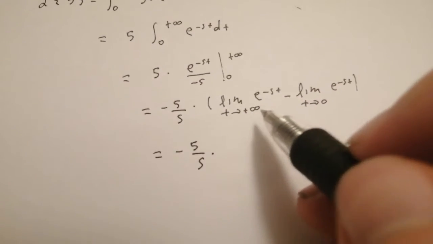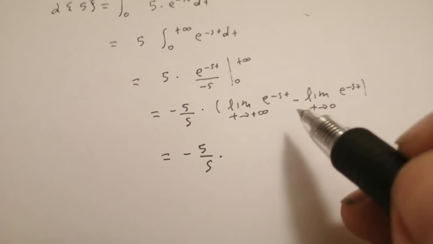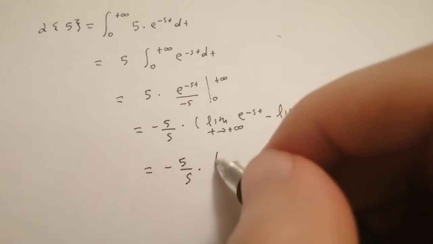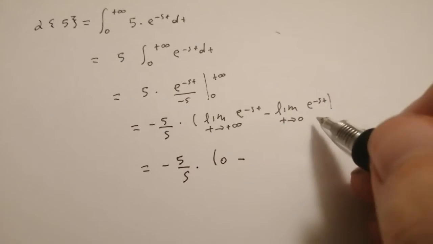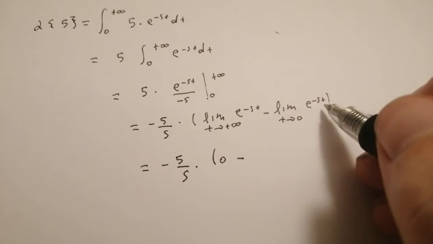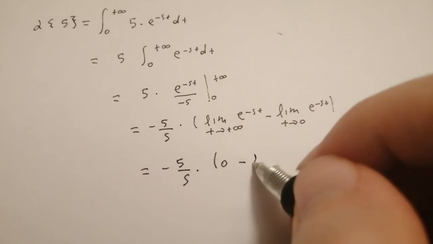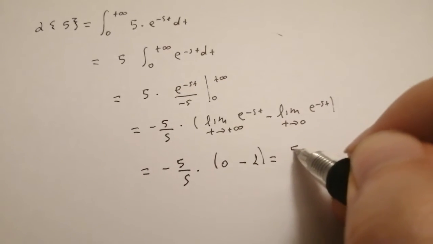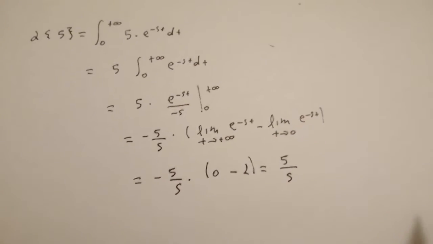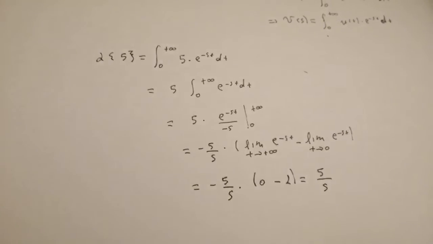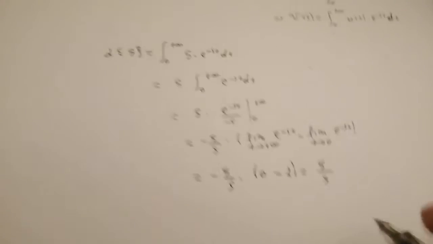As t grows, this is exponentially decaying to 0. So it's 0 minus e to the power of minus s times 0, which is equal to 1. So at the end of the day it's 5 over s. This is my Laplace transform.